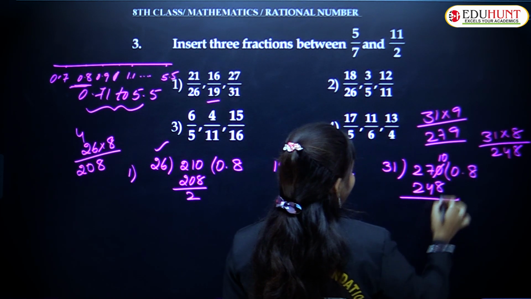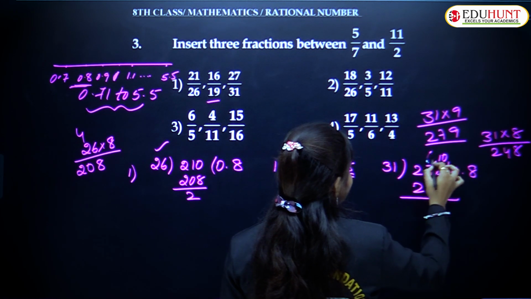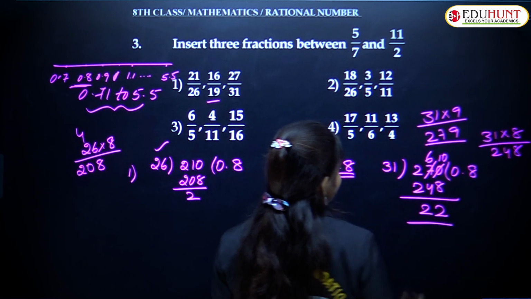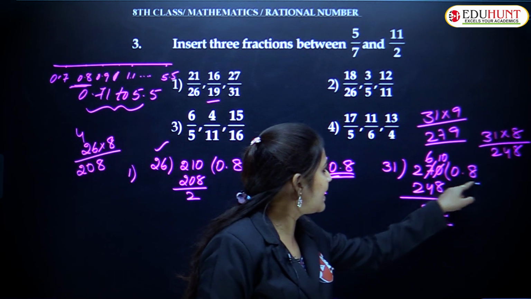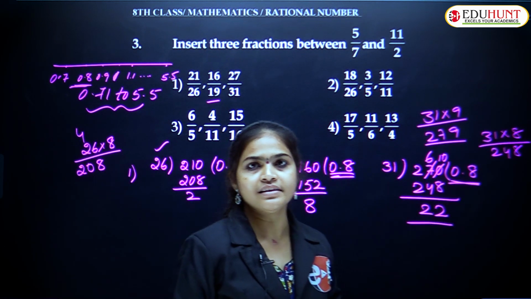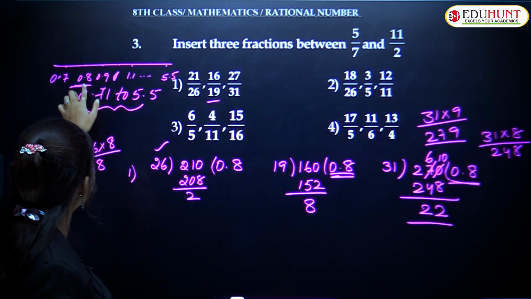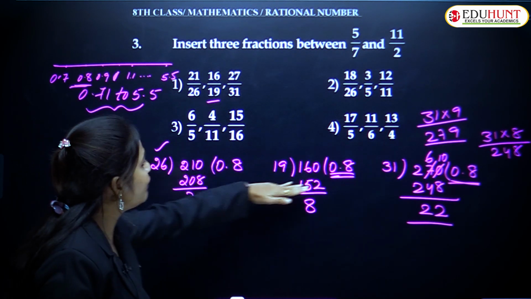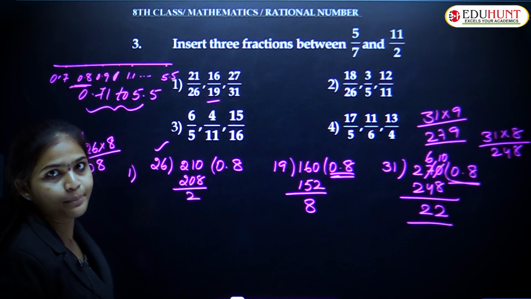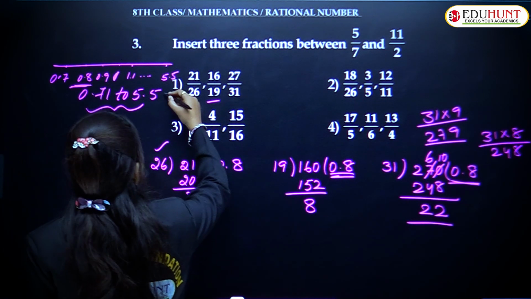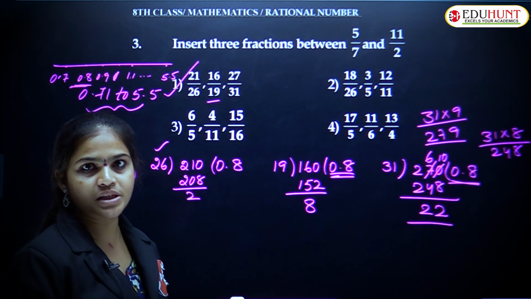So here 10 minus 8 is 2, and here 6 minus 4 is 2. So the remainder is 22. Whatever the remainders may be, here again we are getting 0.8. So that means 0.8 is lying here. So these three values are also lying in between 0.7 and 5.5. So that's why we can say that the first option is the correct option.